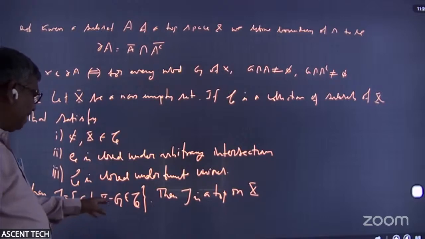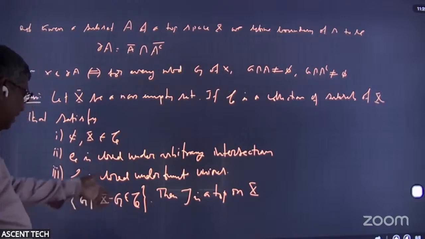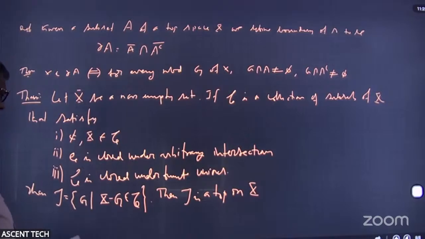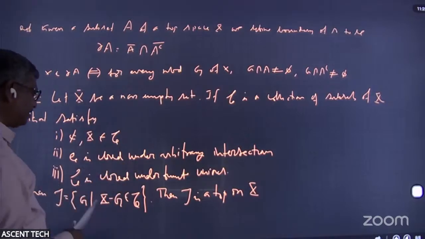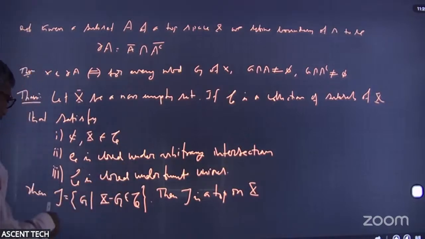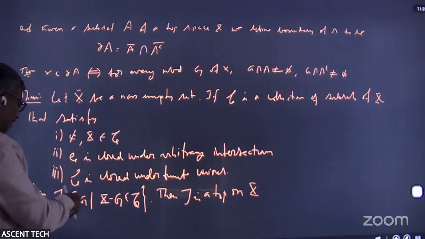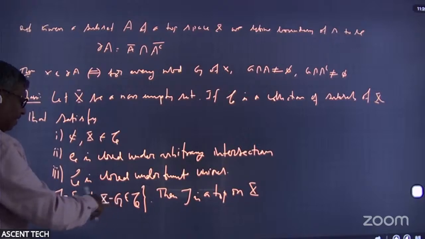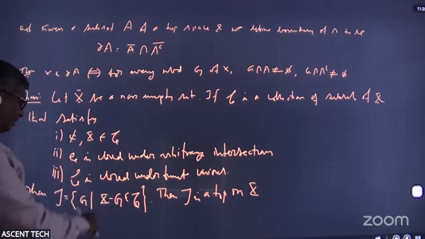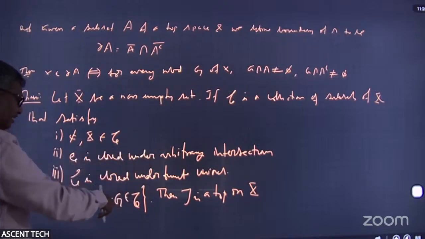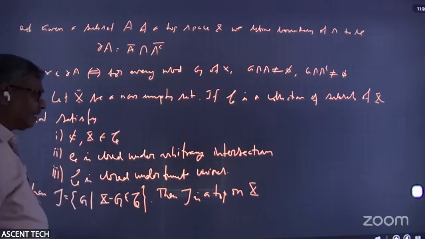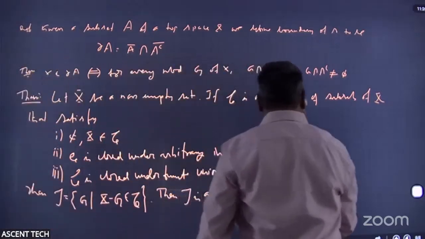Which means X minus the arbitrary union is the intersection of the arbitrary complements. T is a topology is quite obvious, right? The intersection of arbitrary complements, they're all in C, therefore that is in C, etc., etc.